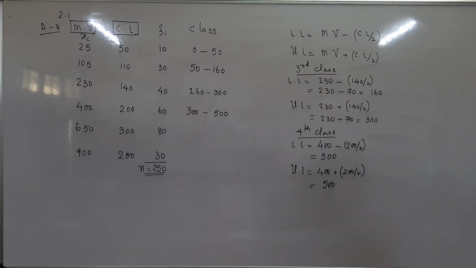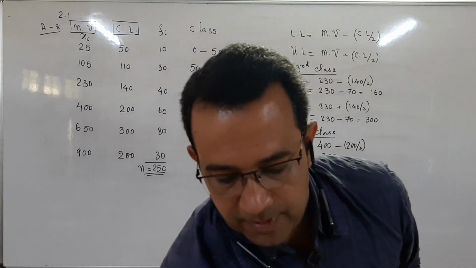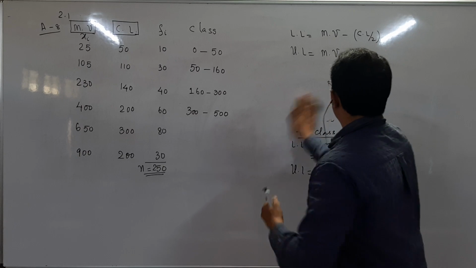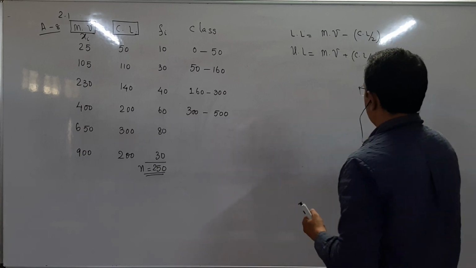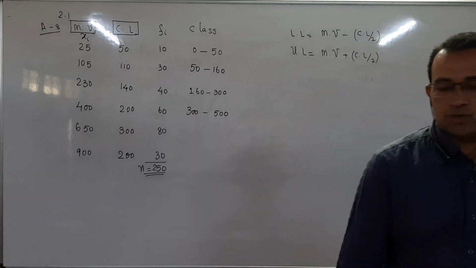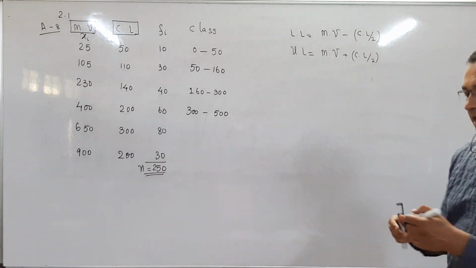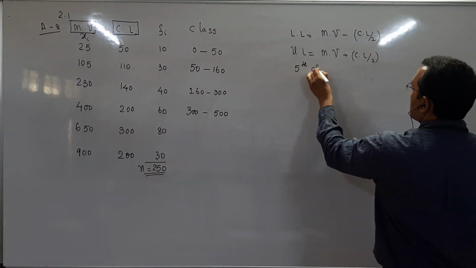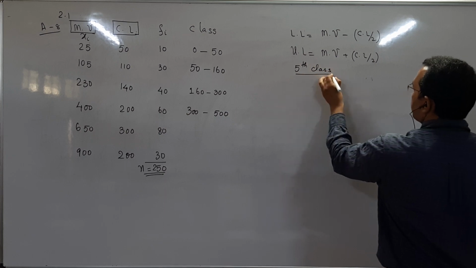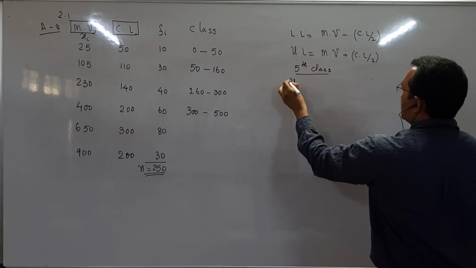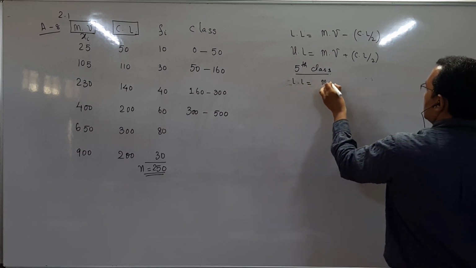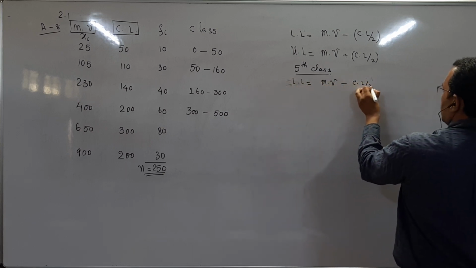Okay. Now students, let us calculate for class number 5 and 6. For the fifth class, lower limit is equal to mid value minus half the class length.